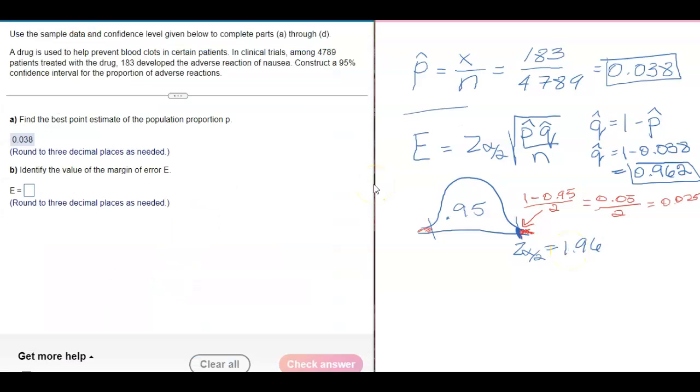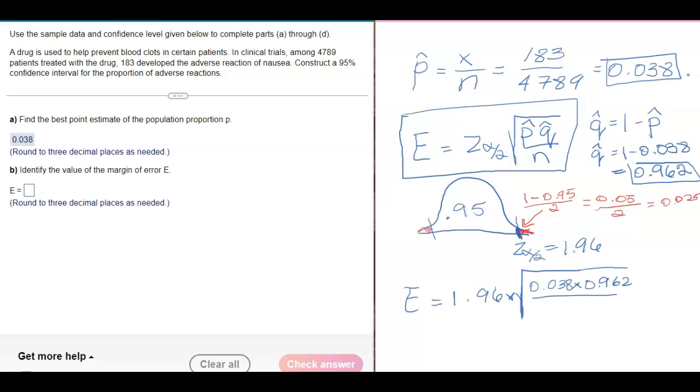So now we know all ingredients in this formula, and we can proceed with finding E. E is equal Z of alpha over 2, 1.96, multiplied by the square root of P hat, 0.038, times Q hat, 0.962, divided by N, the total number of patients, 4,789.